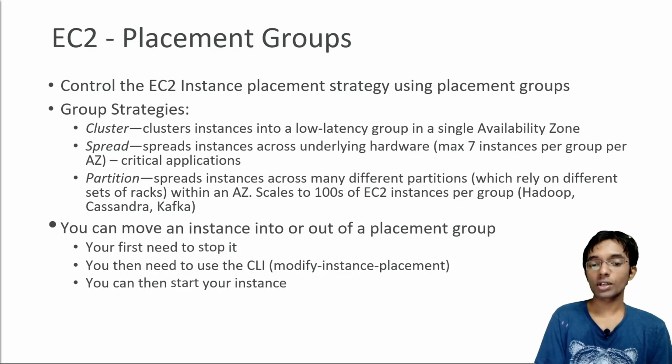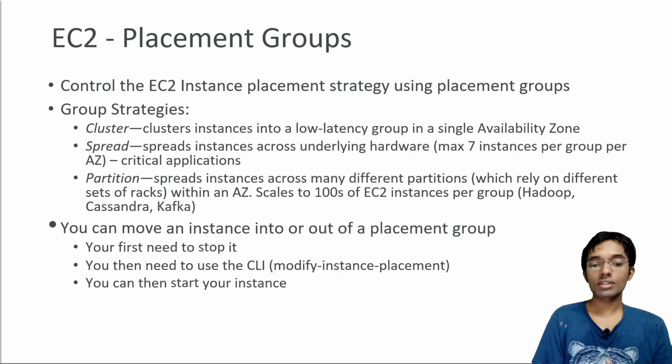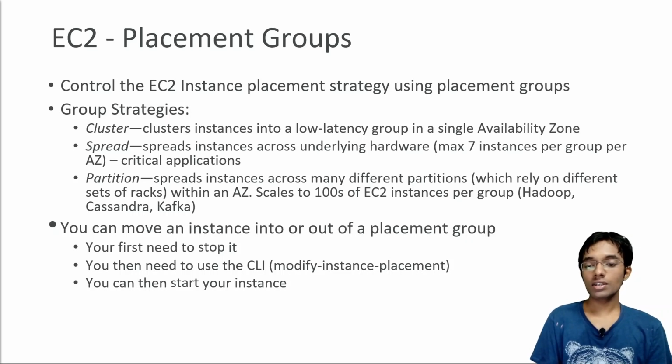Next you have spread, where you want your instances to be spread across the underlying hardware, so not on the same rack. It's a maximum of 7 instances per group per availability zone, and it's for applications that need to avoid hardware failure. That's where you will use the spread group strategy.